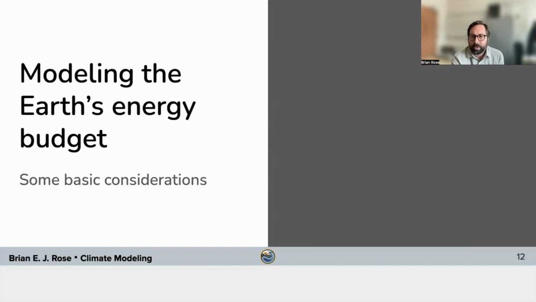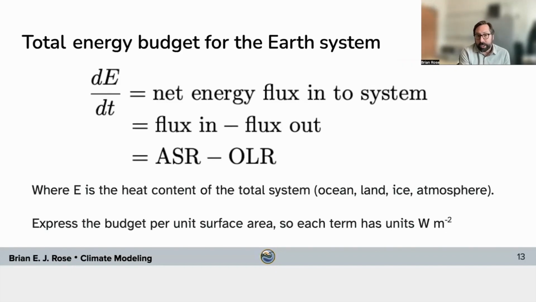So let's talk about some real basic ideas in modeling the Earth's energy budget, and this will hopefully set you on a useful path for some of the exercises you'll be doing in the Climate Match Academy. We can write down a statement of energy conservation for the total energy budget for the Earth system. E here is some measure of the heat content of the whole system.